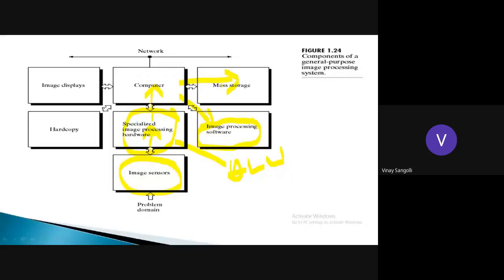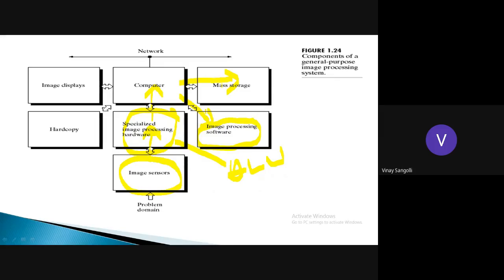One is short-term storage, where we store the image only while we are processing it, then we discard it or don't store it on our hard drive. So this category is called short-term storage, wherein we store it for only a small duration, only until we process it.